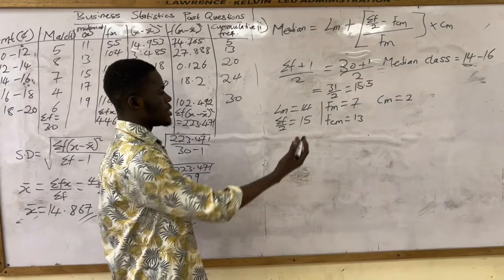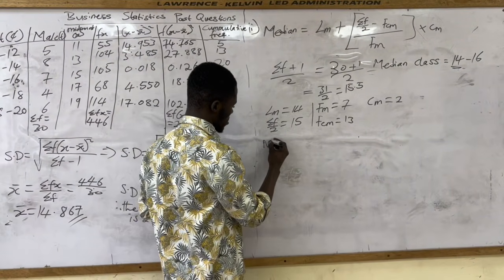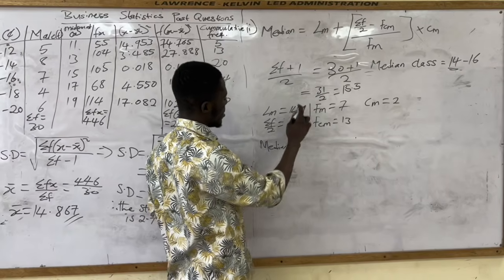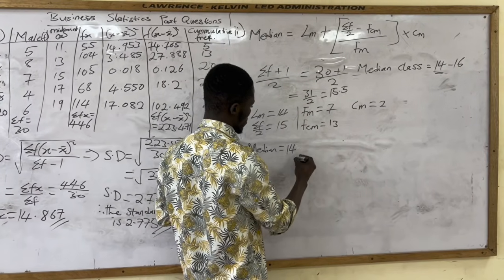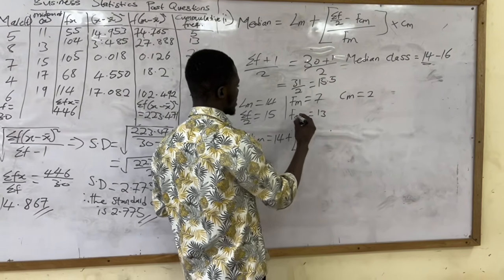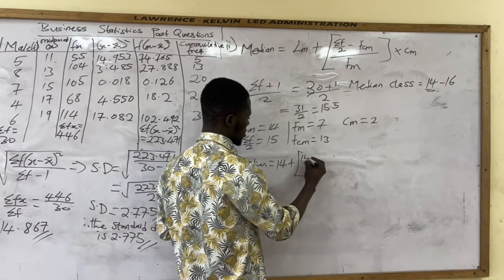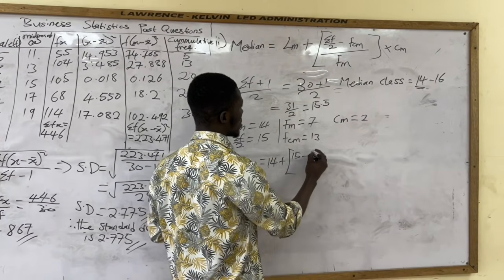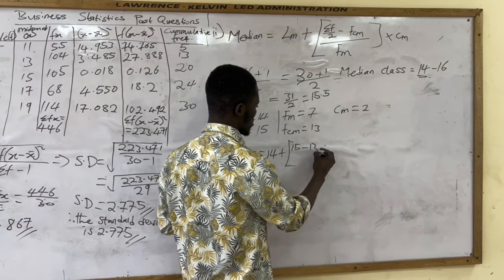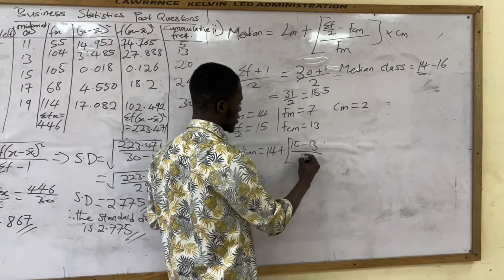So now let's substitute this into the formula. So median equals LM is 14, plus open bracket sigma F divided by 2 is 15, minus FCM is 13, all divided by FM is 7.